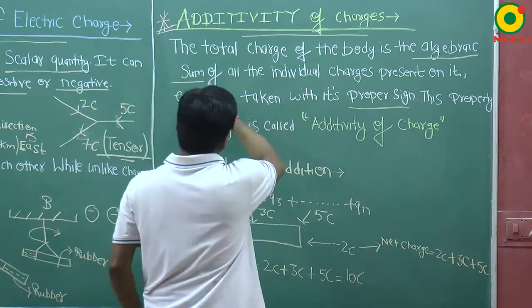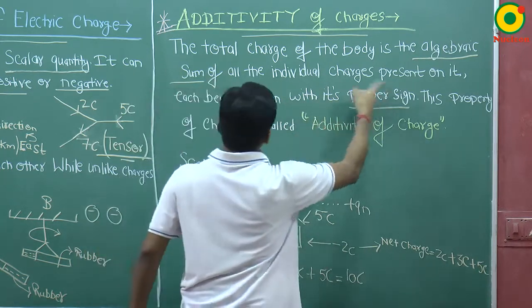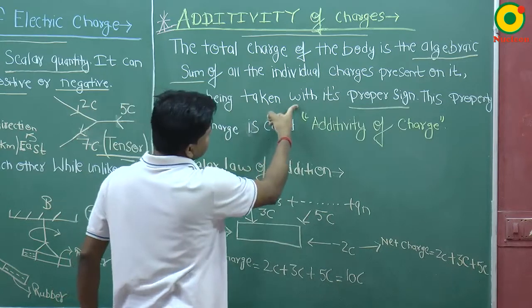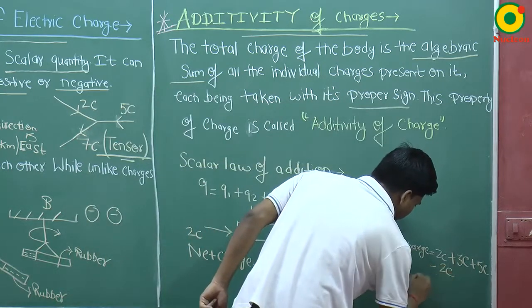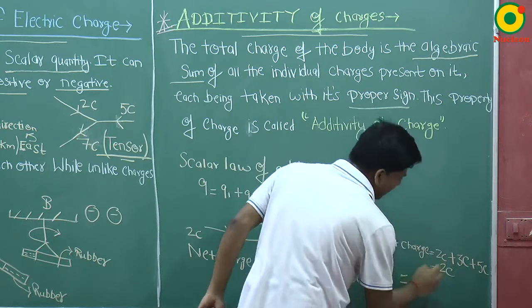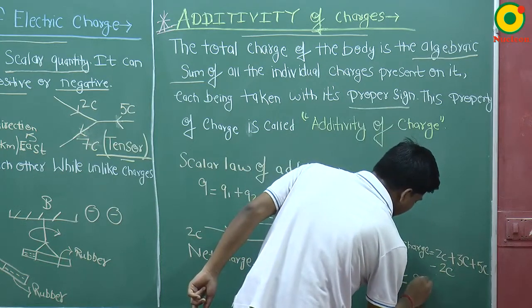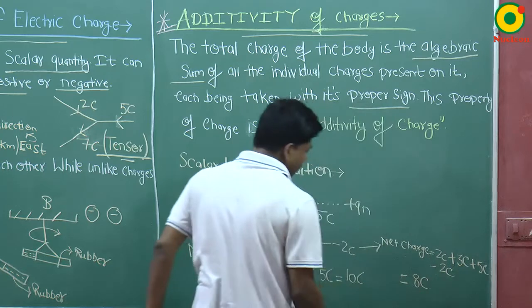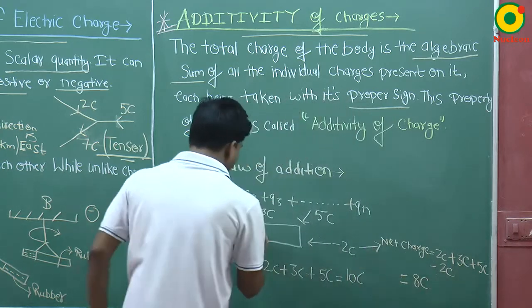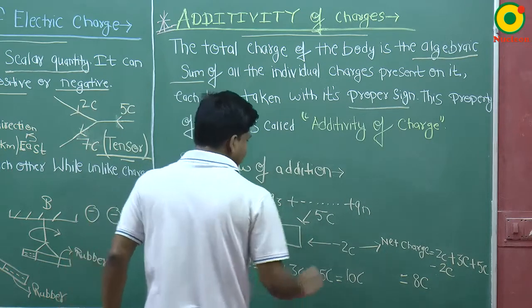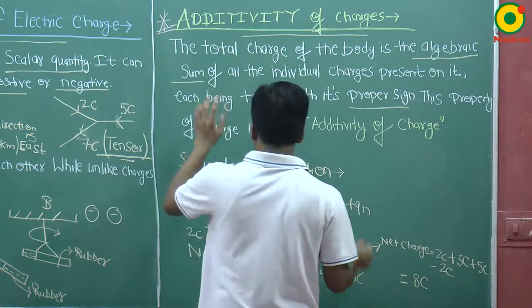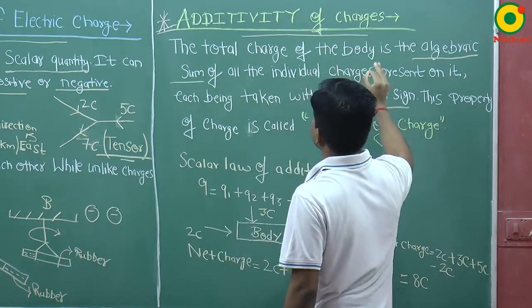The second point in this property says that each is taken with its proper sign. So minus 2 coulomb. When we sum up all these things together, we get 8 coulombs of charge. So 8 coulomb is the net charge on this body. Okay, this is a body. So this is exactly what this property says, additivity of charges.